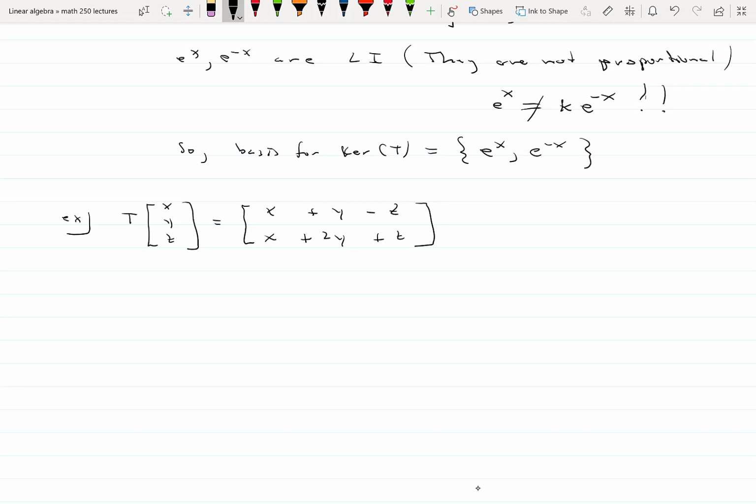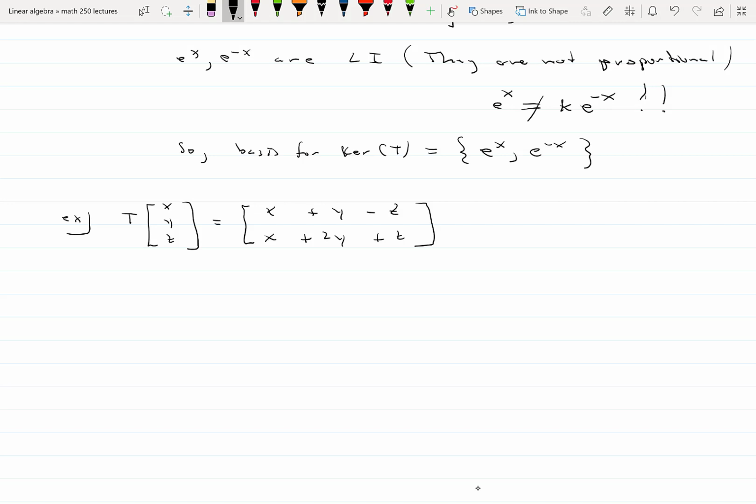I want to examine the idea of finding a basis for the range of a linear transformation. We just finished looking at a method for finding a basis for the kernel of a transformation.